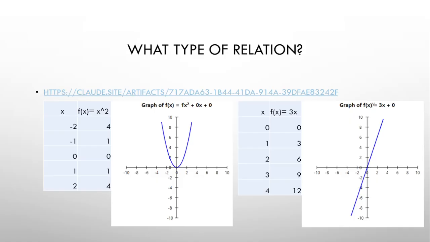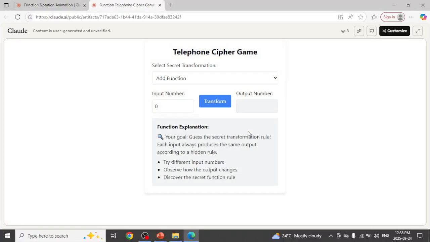We've talked about functions, so let's now talk about relations and how they're different from functions. Imagine this. You enter a number into a strange telephone. You can play with this link. You enter a number in it and the phone rings back with a number. For example, you input 1, it rings 6 times.